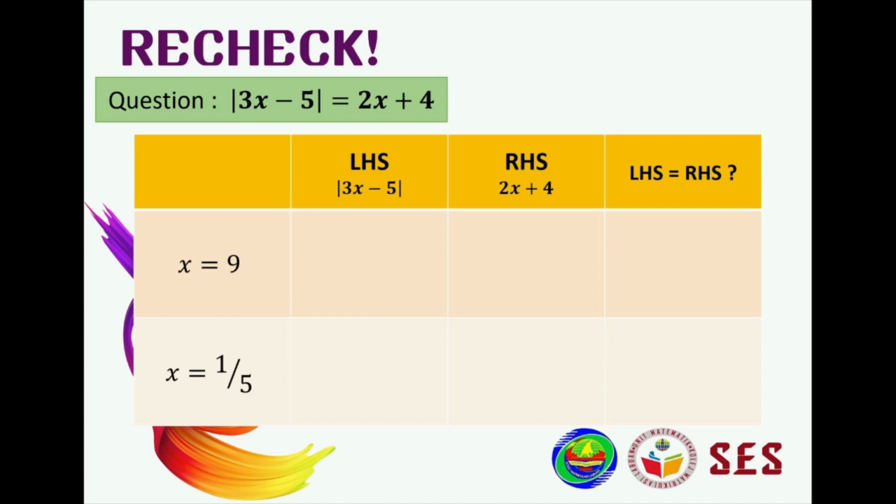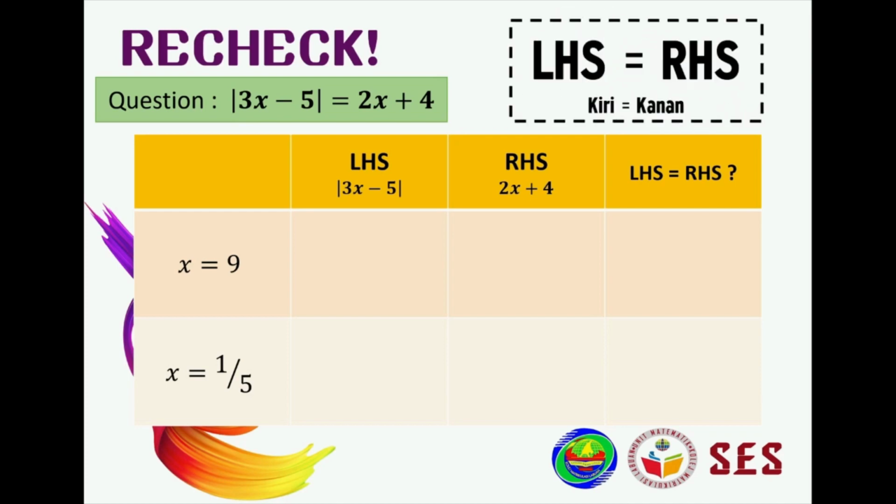I need to make sure whenever I substitute my values of x, which are 9 and 1 over 5, that my left hand side value is equal to my right hand side value. If it is not equal, I will reject that value of x.